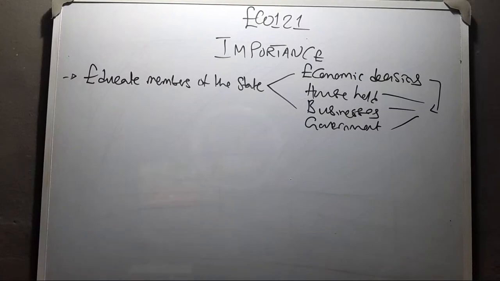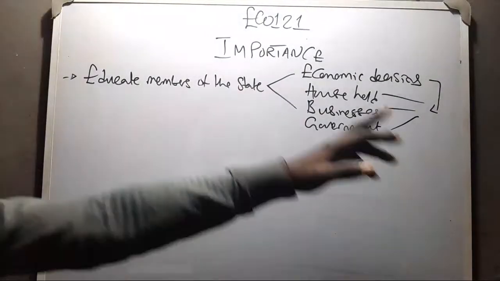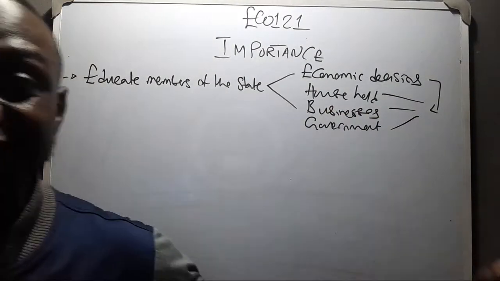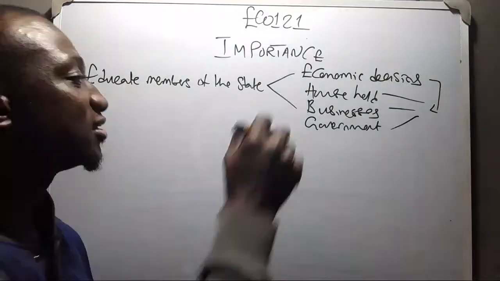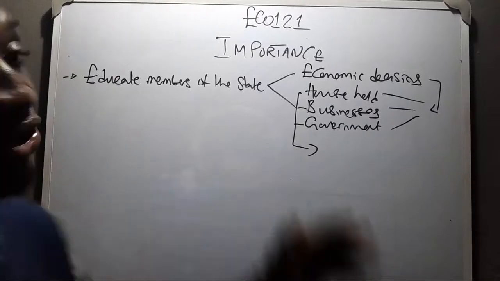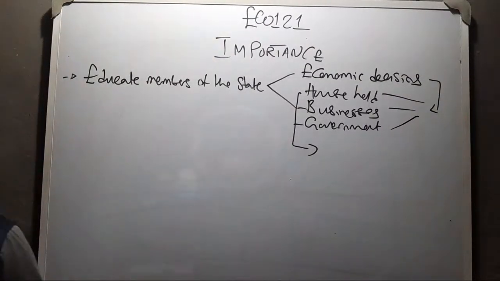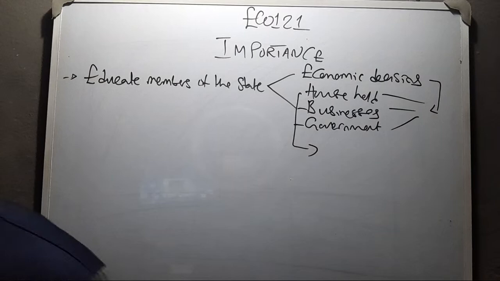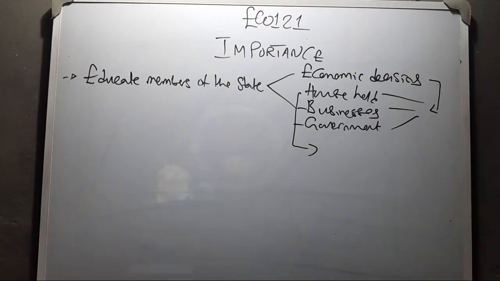We are talking about it now on an aggregate level, which has to do with the decisions households make on a daily basis, businesses and government, and all these decisions are also influenced by certain things. They are influenced by what? The human behaviors, structure, needs, and constraints.